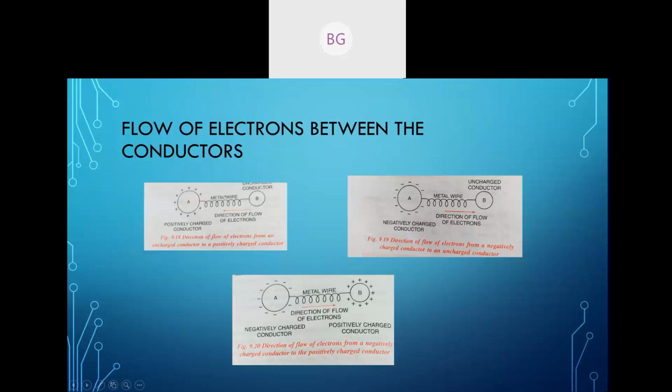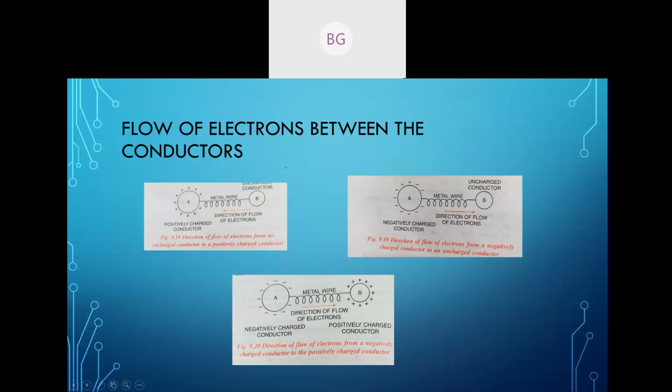So flow of electrons between a positively charged conductor and an uncharged conductor always moves from the uncharged conductor to the positively charged conductor, right?